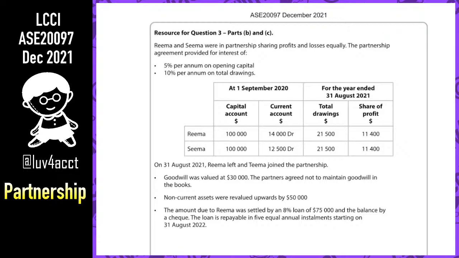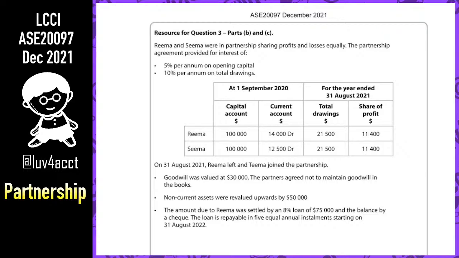Good, because last time it was in the middle of the year, then we had to apportion the profit according to the old and also the new partnership. This time is at year end. Rema left and Tima joined the partnership. One going, one in.